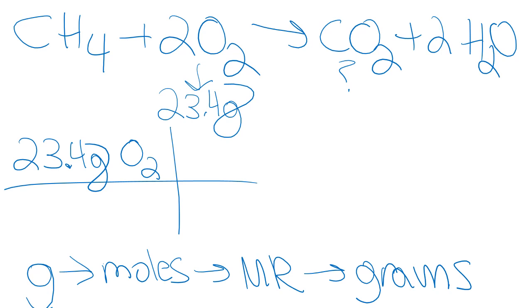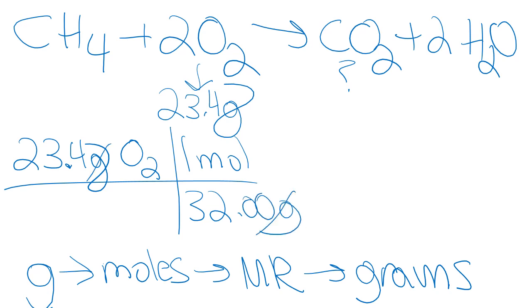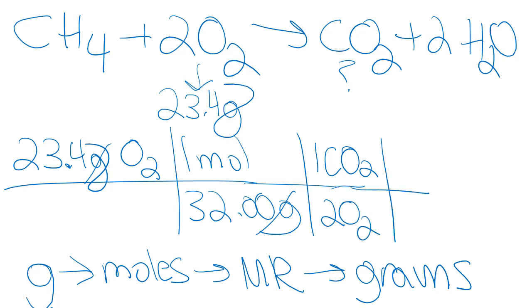Whenever we have grams, we have to divide by molar mass. So 1 mole of O2 weighs, using the bottom number on oxygen, the same step we did in the last slide, 32.00 grams, and you don't have to resolve it. Grams to moles. Now the mole ratio of what we want: 1 carbon dioxide forms for every 2 oxygens. And then how much carbon dioxide should we form?